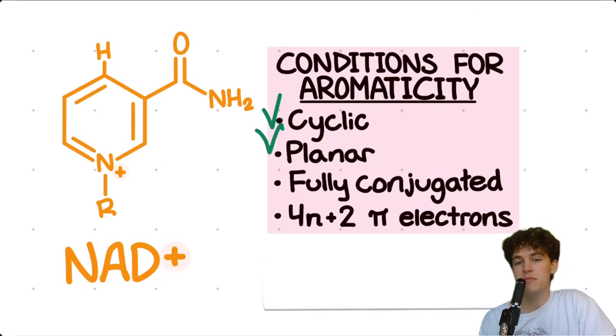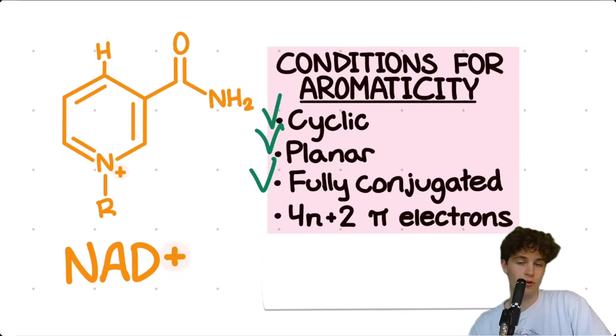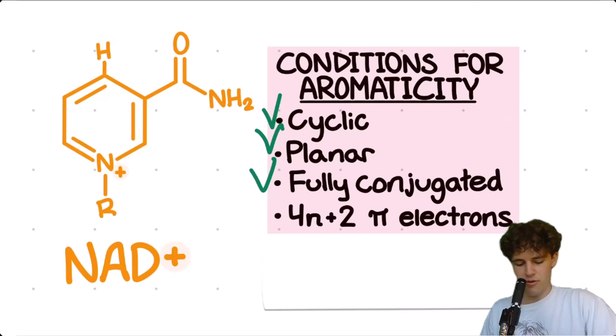Our compound must be fully conjugated, and to be fully conjugated, you must have adjacent pi bonds, which we do have, so this is also fully conjugated. Finally, our compound must obey Huckel's rule, which says that the number of pi electrons is equal to 4n plus 2. Let's count our pi electrons.